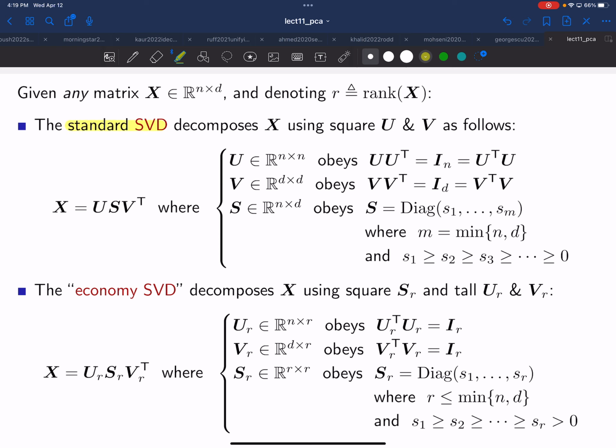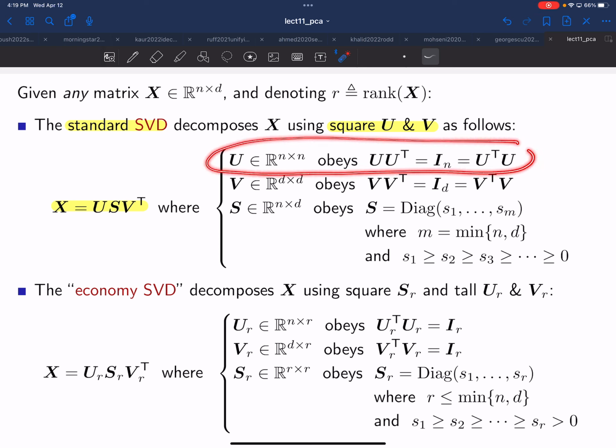and it gives you decomposition like this, where U and V are square. And so these U and V are orthogonal matrices. That is the same kind of matrix we saw with the eigendecomposition of a positive semi-definite matrix, or actually a Hermitian matrix.